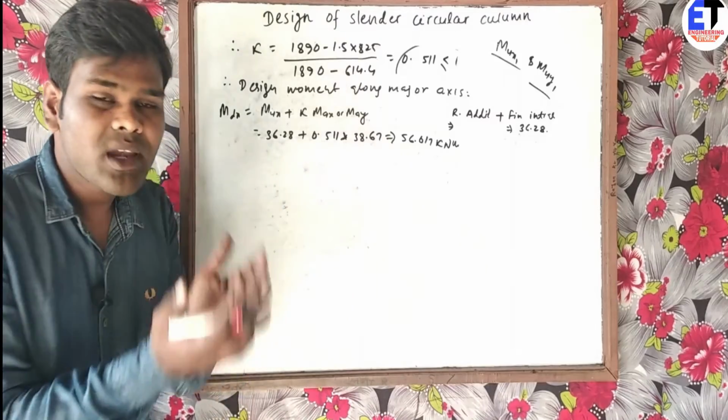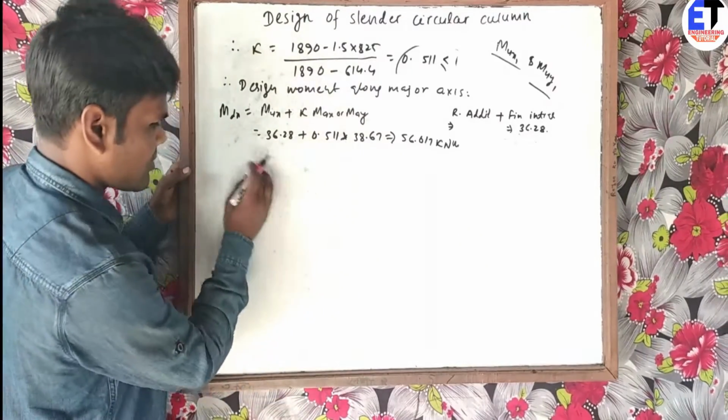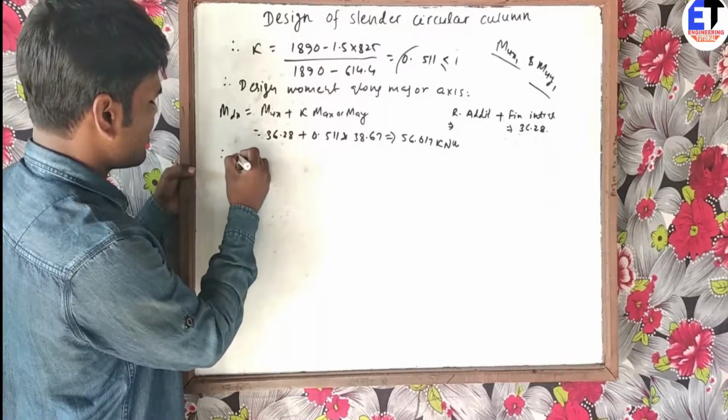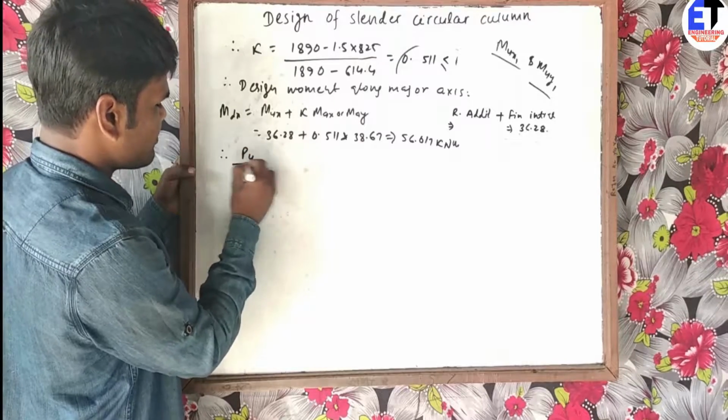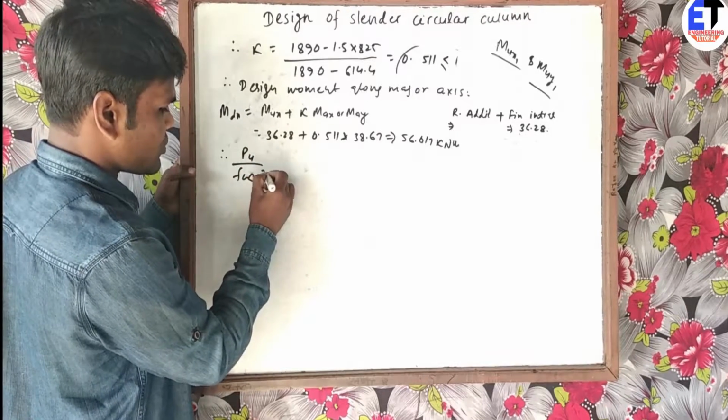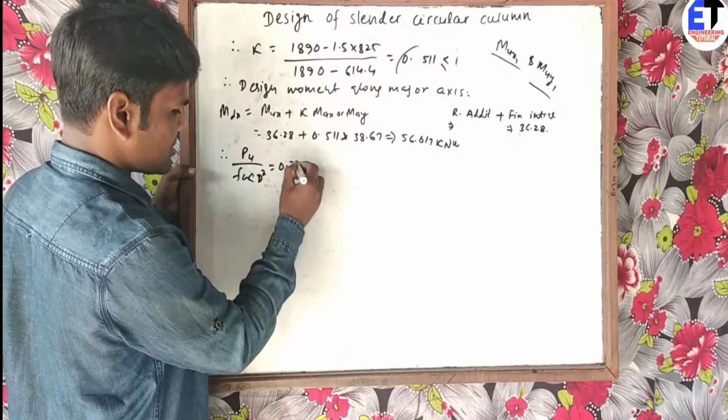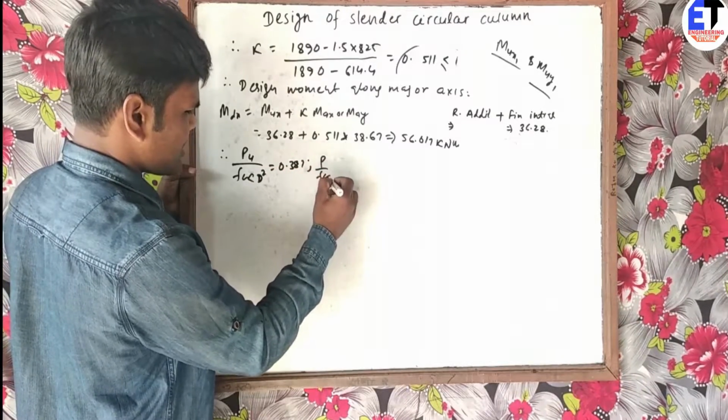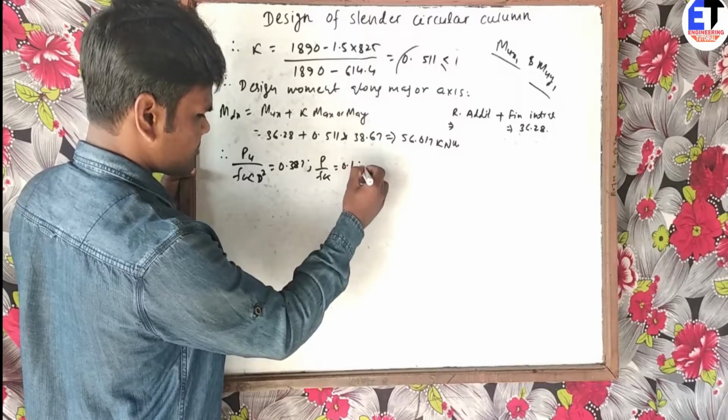So what is our moment of resistance? We have to calculate it. Let's see. We have also calculated the value Pu by fck D squared equal to 0.387 and p by fck equal to 0.1.